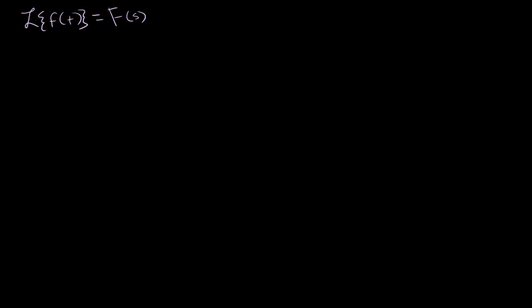Given that, in the last video, I showed you that if we deal with the unit step function that becomes 1 at some value c, times some shifted function f of t minus c, this is just equal to e to the minus cs times the Laplace transform of just this function right there. So, times F of s.